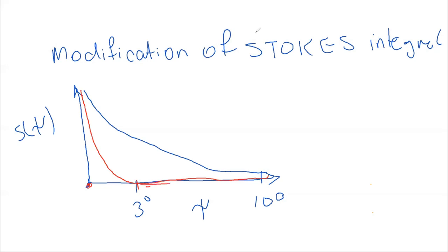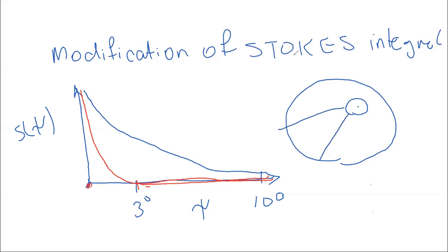After 3 degrees, you can ignore them. So if this is the sphere and you have a cap size of integration, and I have already discussed truncation, I want to determine a specific cap size, for example, 3 degrees. I just perform the integration inside this domain without thinking about the data outside.